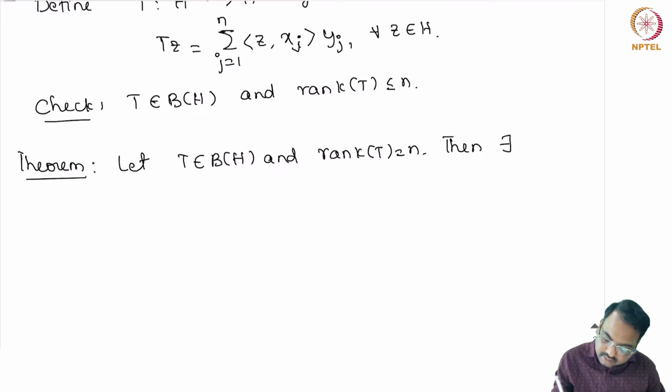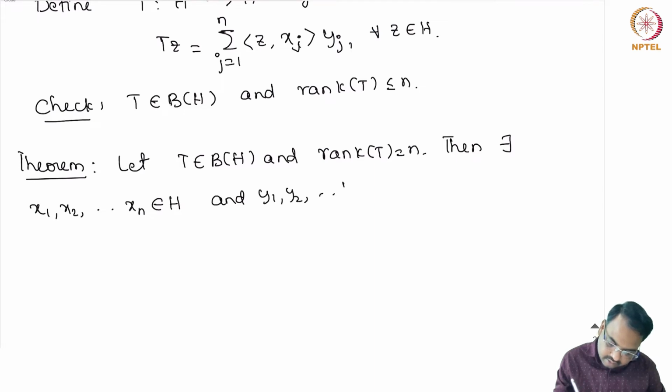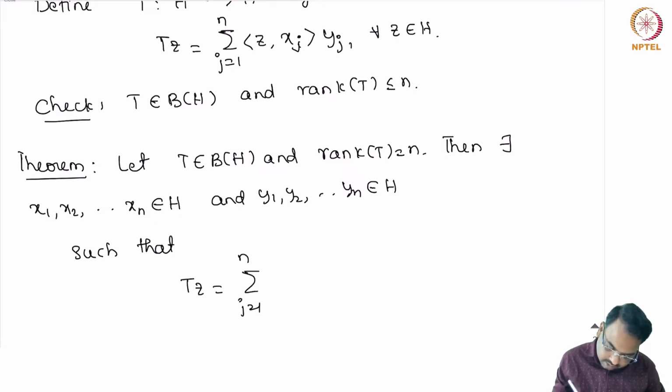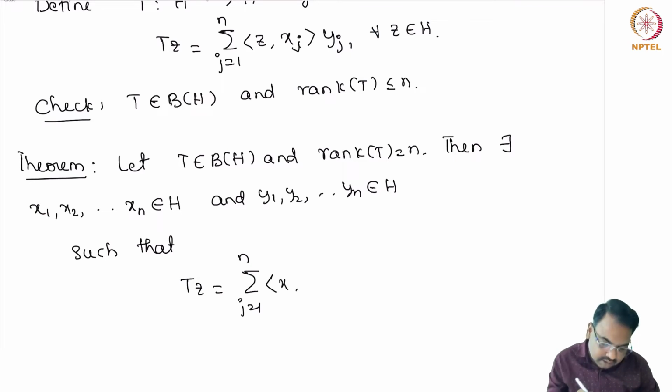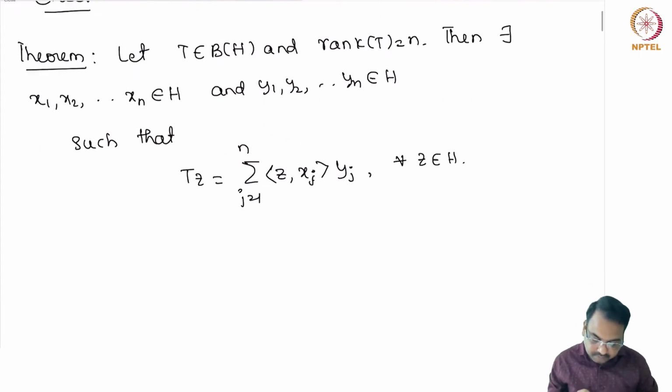Then there exist vectors x1, x2, and so on up to xn in H, and y1, y2, and so on up to yn in H, such that T of z can be written as the summation j equal to 1 to n of the inner product of z with xj, multiplied by yj, for every z in H. Okay.